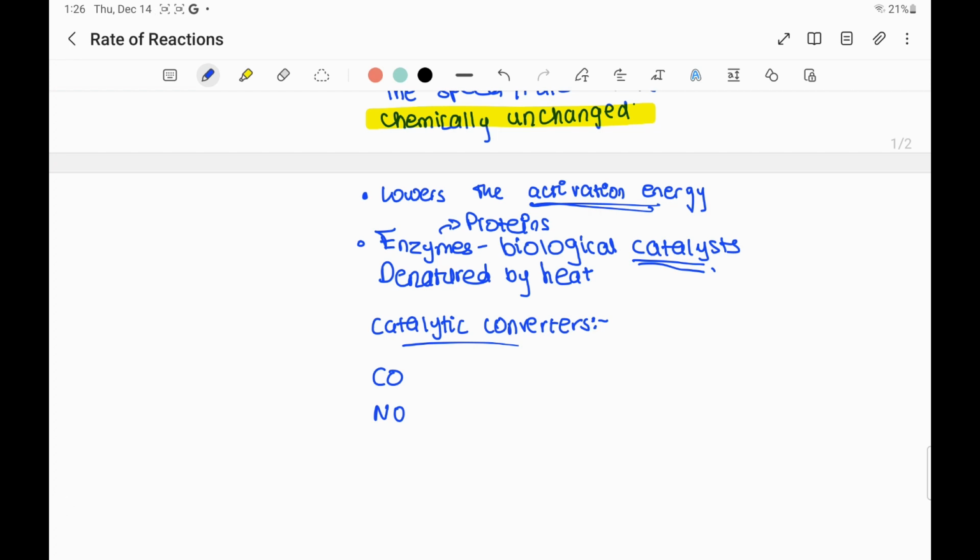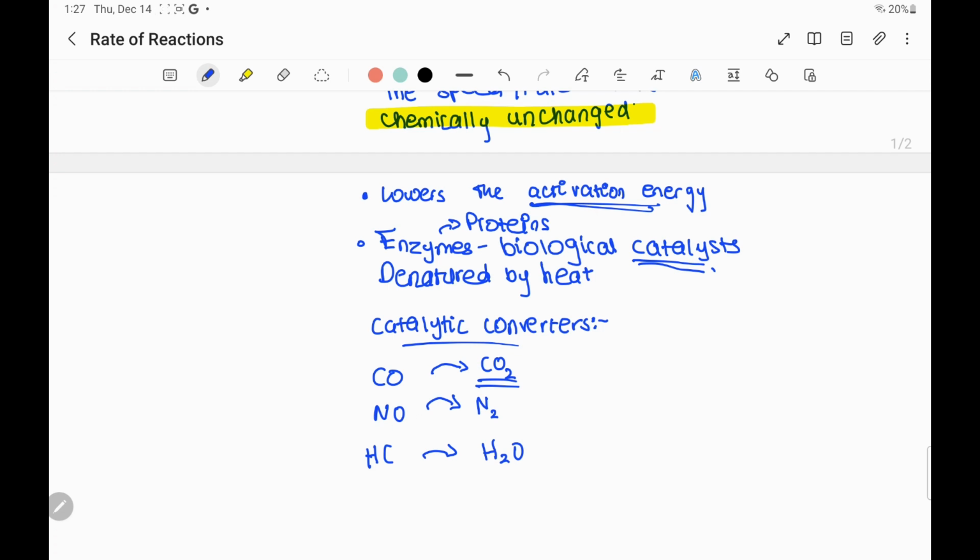And what the catalytic converter does is that it transforms them into less harmful products like CO2, N2, and the hydrocarbons turn to water. So carbon monoxide is obviously a lot more deadly than carbon dioxide, so you would rather have carbon dioxide over monoxide any day.